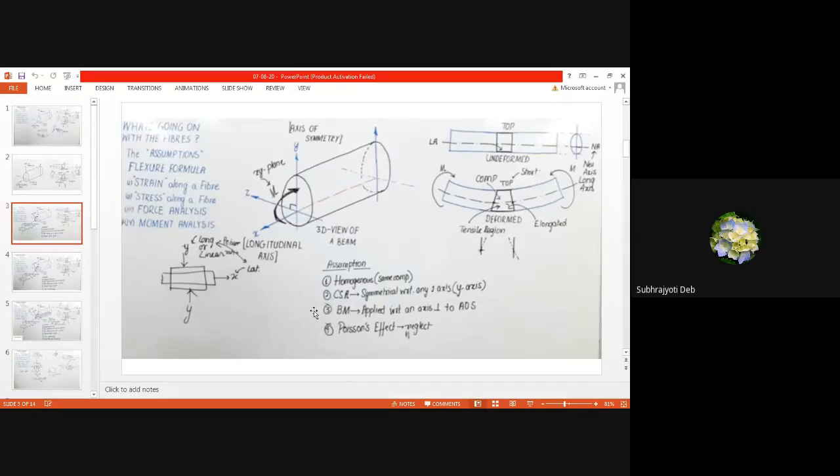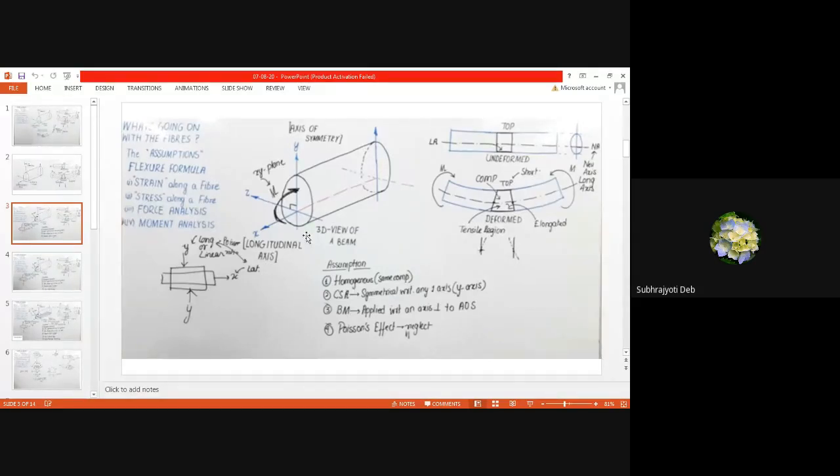And what is assumption 4? Poisson's effect neglected. That means we are neglecting the Poisson's effect. So if you remember, what is Poisson's effect? It basically connects the two types of strain, that is longitudinal and lateral strain.